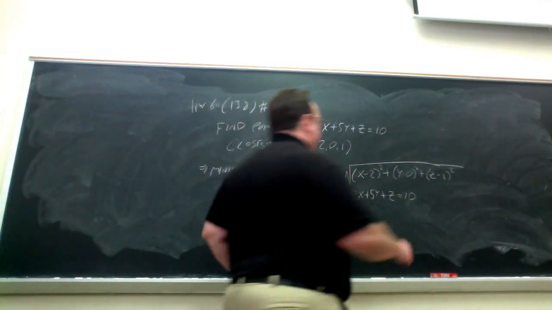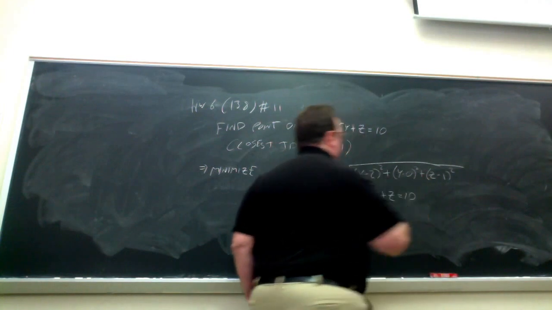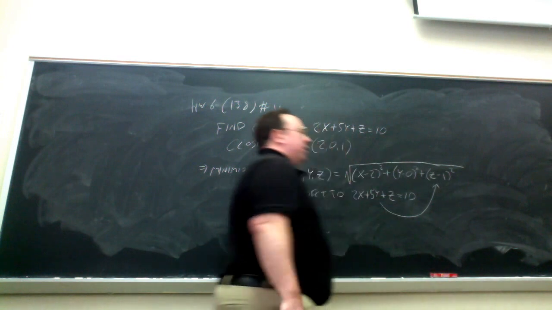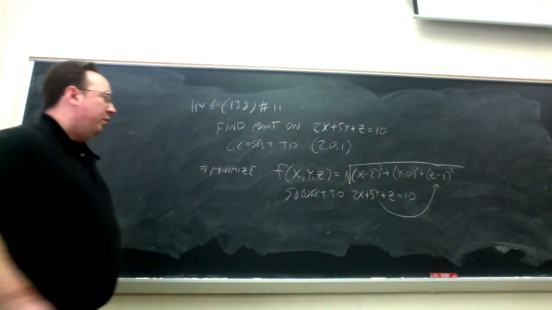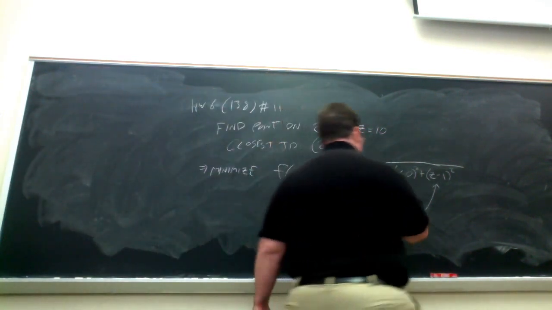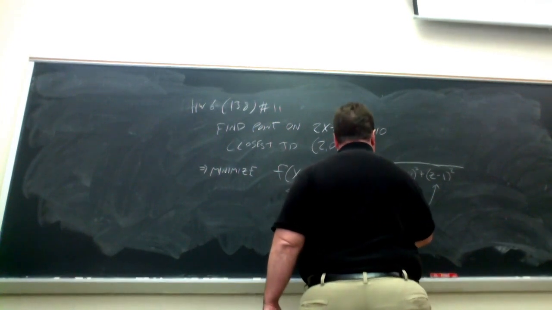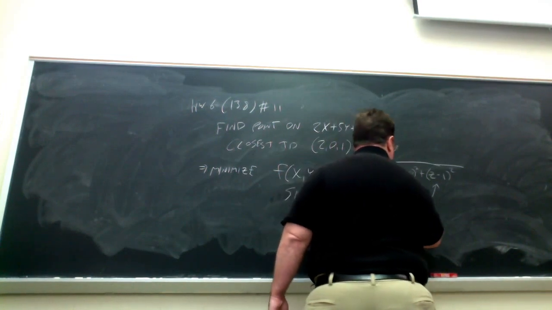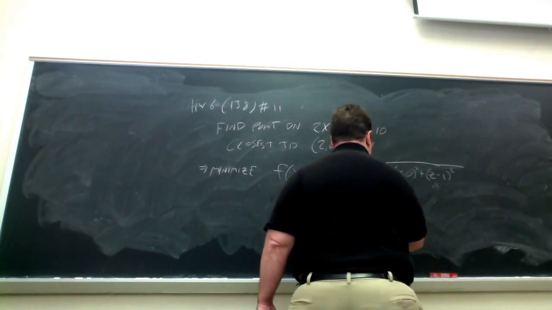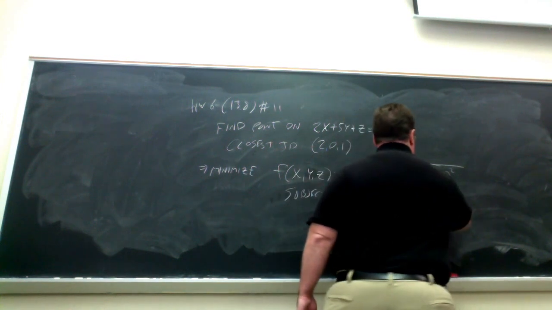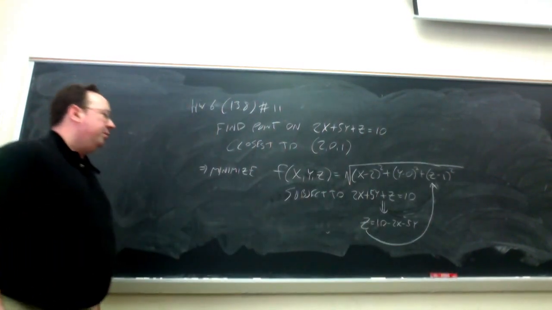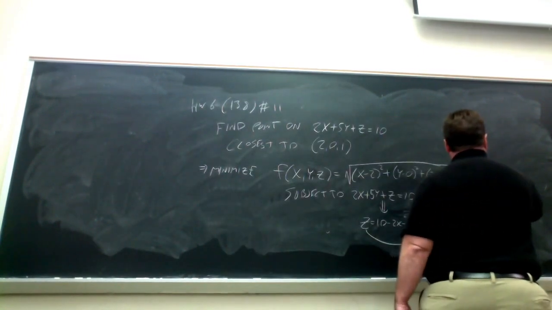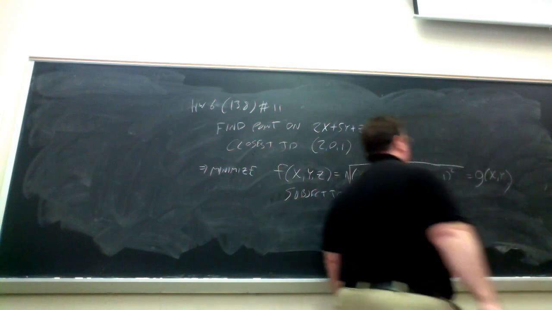So the way you can enforce that x, y, z must be on this plane is to take advantage of this equation. You can solve it for z. So z is 10 minus 2x minus 5y. Plug that in for z. So now you really have a function that I'll call g of only x and y.